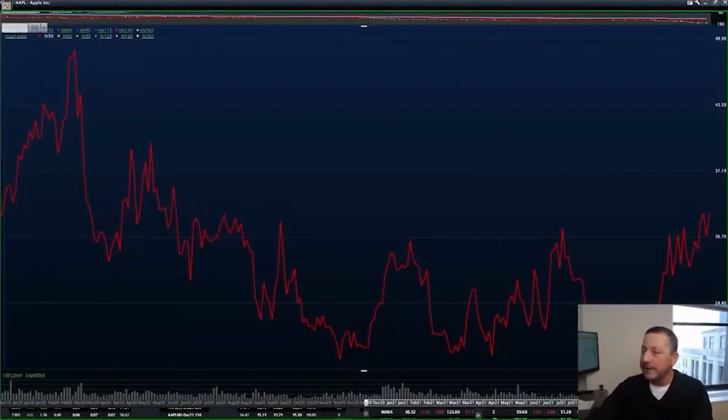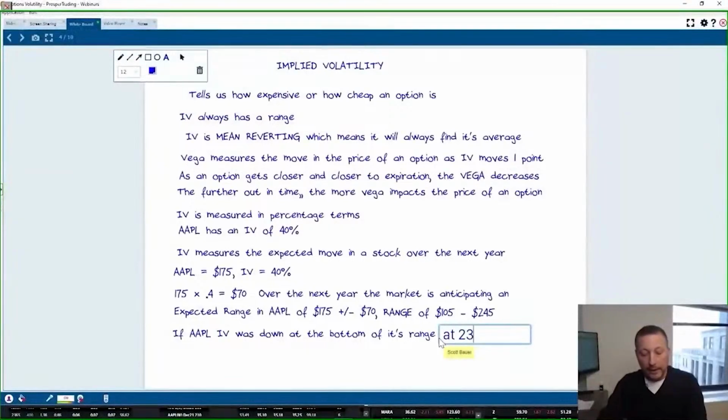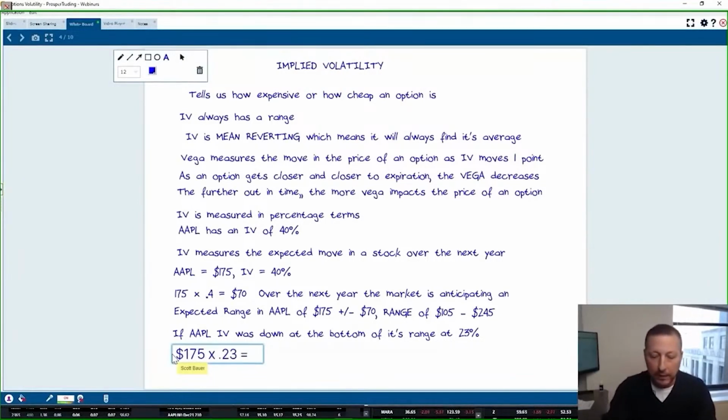Okay, if we do the same math, we're going to see what the expected move would be. 175 stock price times 0.23, we get an expected move over the next year of only $40 roughly.